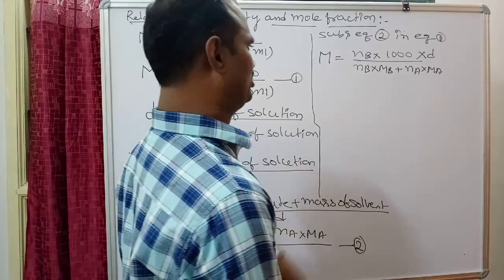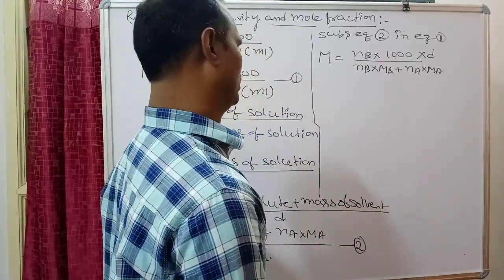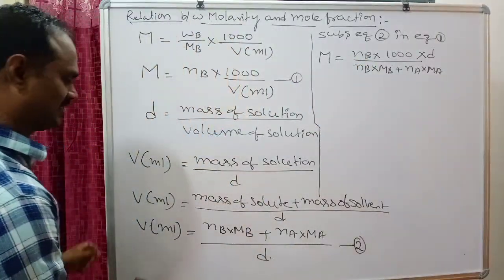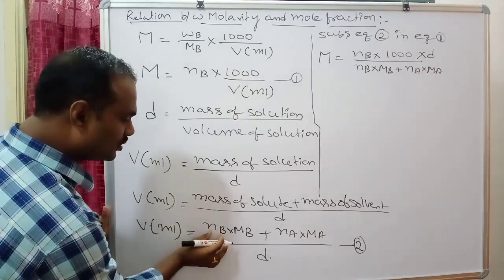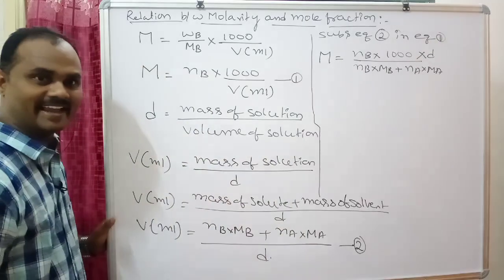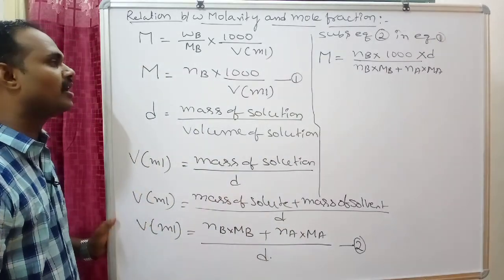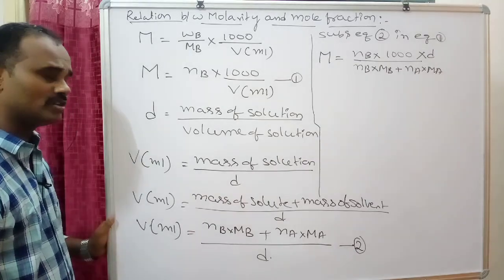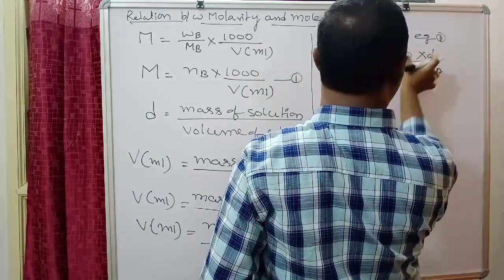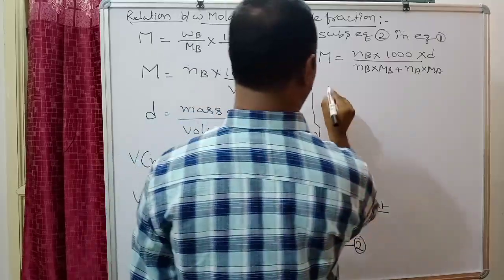So, this equation in numerator and denominator is divided with the total number of moles. Total number of moles means, carefully see, number of moles of solute is NB, number of moles of solvent is NA, and the sum NB plus NA is equal to total number of moles of solution. So here numerator and denominator are now divided with NA plus NB.